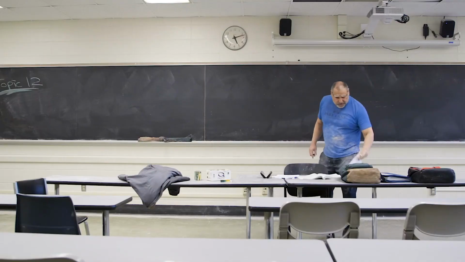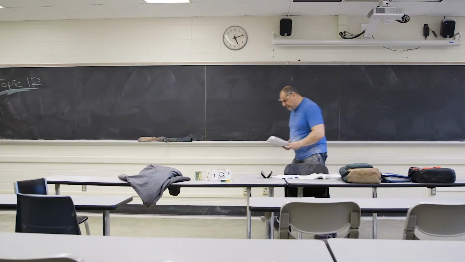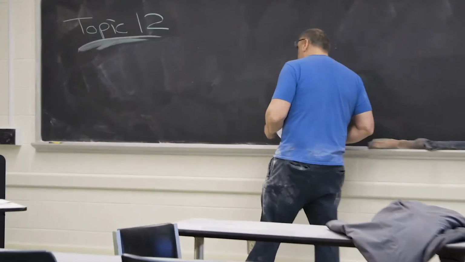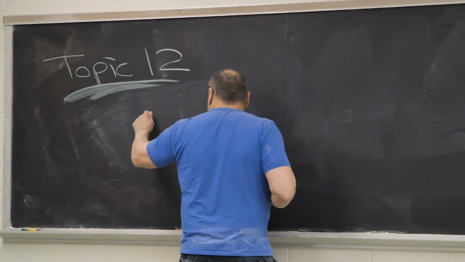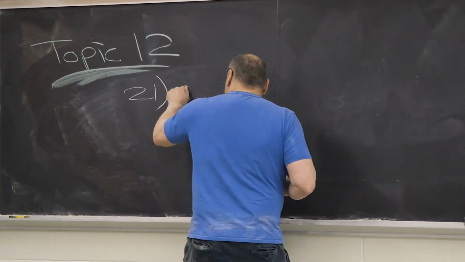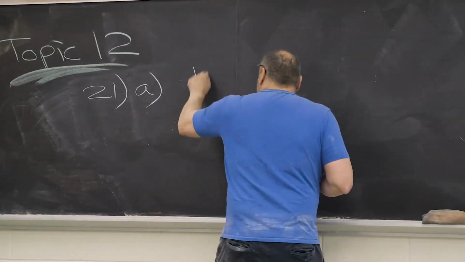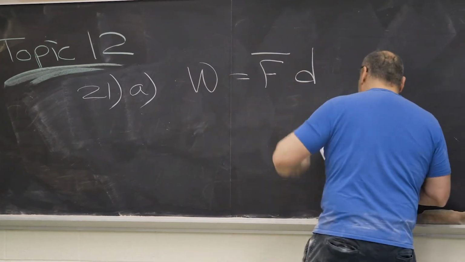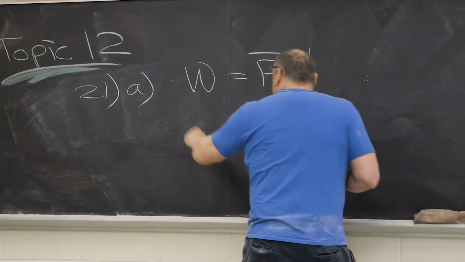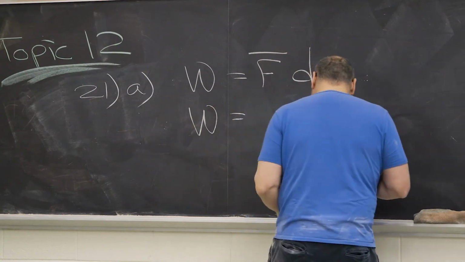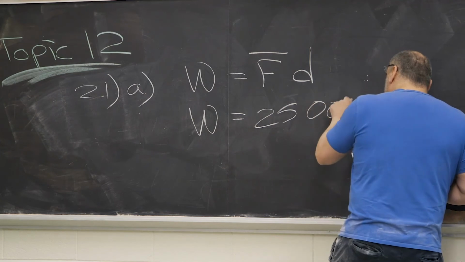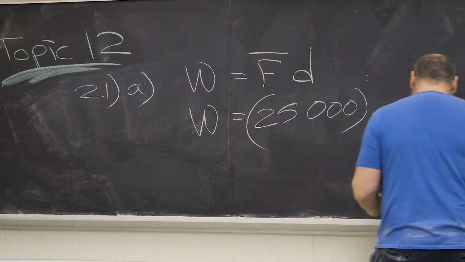All right, for 21, you guys, what's going on here? Same average force, the whole thing here. There's going to be work done on the gas. So for 21A, work equals the average force times the distance through which you're moving it. The average force is 25,000 newtons, 25 kilonewtons.